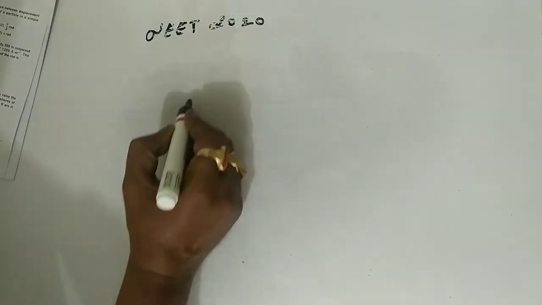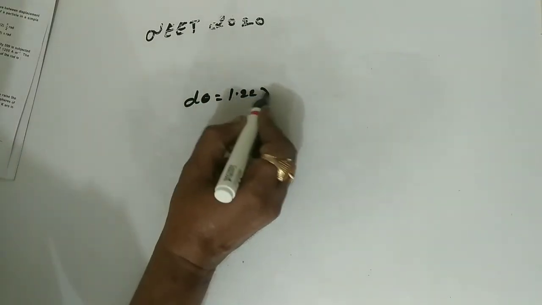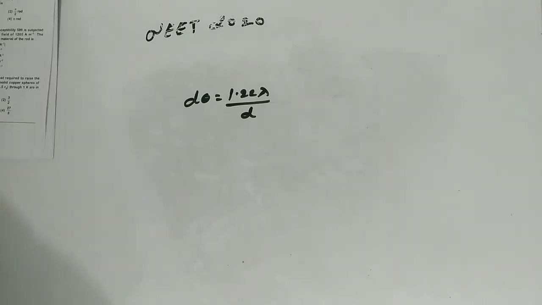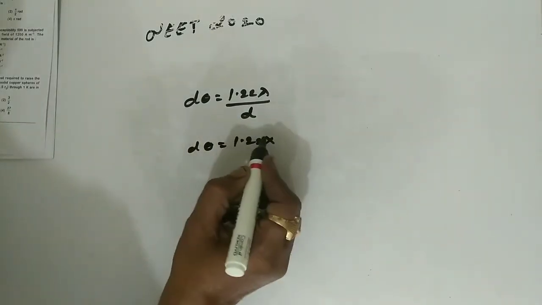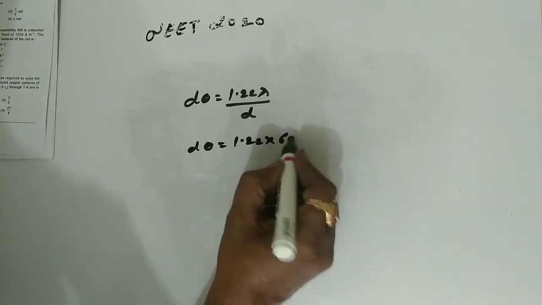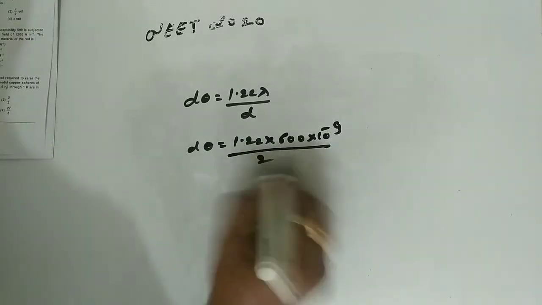The limit of resolution of a telescope d theta equals 1.22 lambda by D. D is the diameter of the objective. So what is the wavelength received? d theta equals 1.22, wavelength is 600 nanometer, 600 into 10 to the power of minus 9 divided by 2.